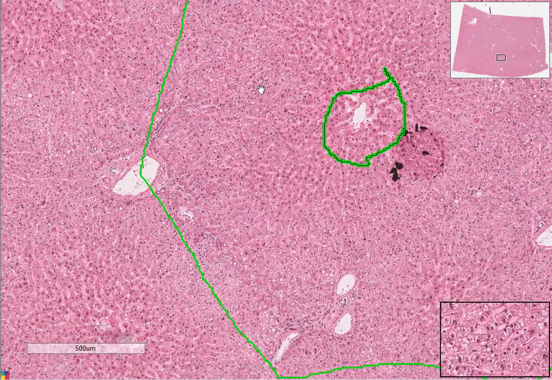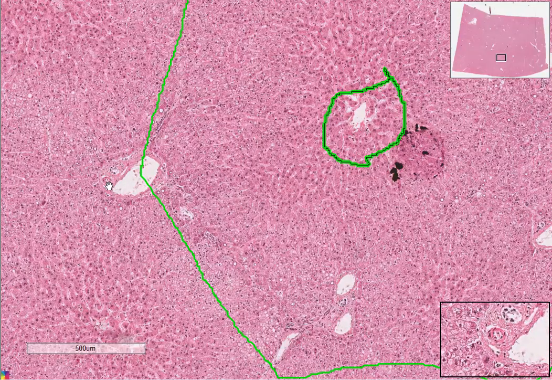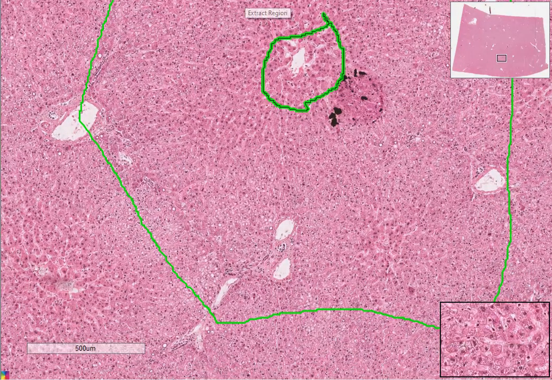And there is what we call 3 zones in the liver. Let me show you.